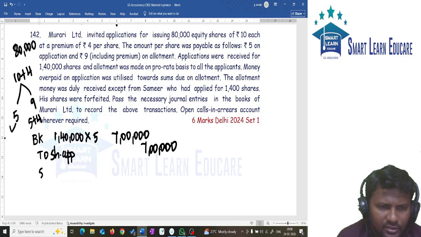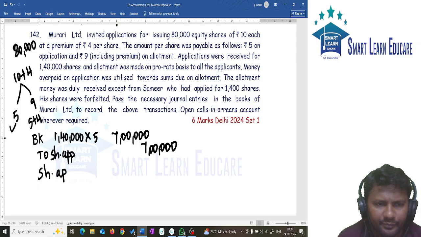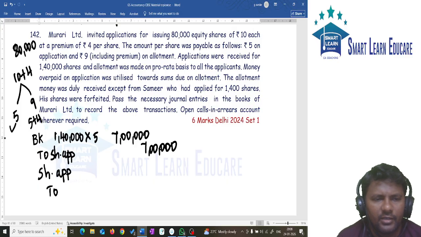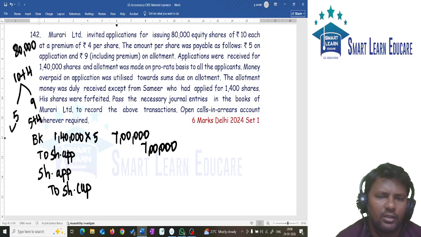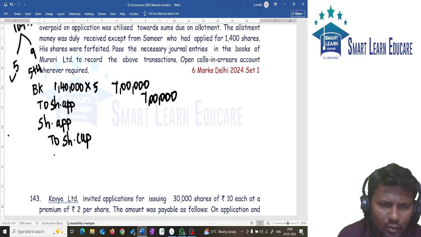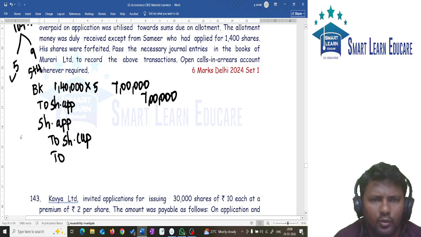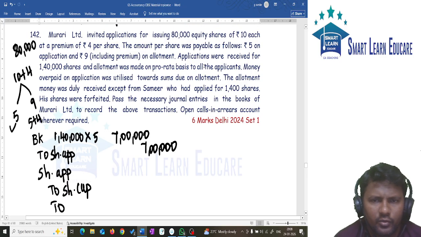Second entry, share application account debit to share capital. Also, we have pro rata allotment, because they have received application for 1,40,000 and pro rata allotment was made.